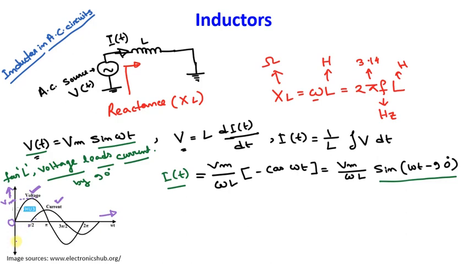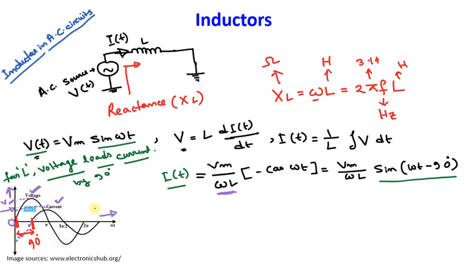Isn't it? However, in this image, we should actually show this part as well, because for both waveforms, they should start from t equal to 0, right? And the amplitude of this current waveform is this one, which is given by Vm by omega L, isn't it? Then what is the phase difference between this voltage and current waveform? Exactly, it is 90 degree or pi by 2.